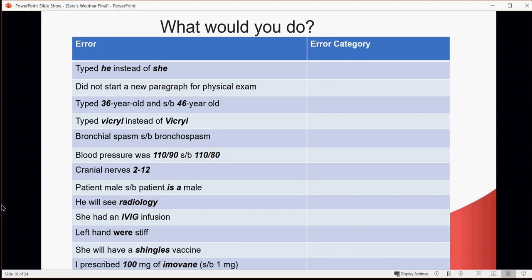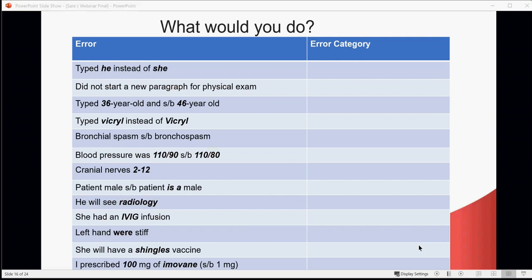She had an IVIG infusion. Left hand were stiff. She will have a shingles vaccine. I prescribed 100 milligrams of Imovane, but the doctor dictated 1 milligram. Okay, have you got your answers?